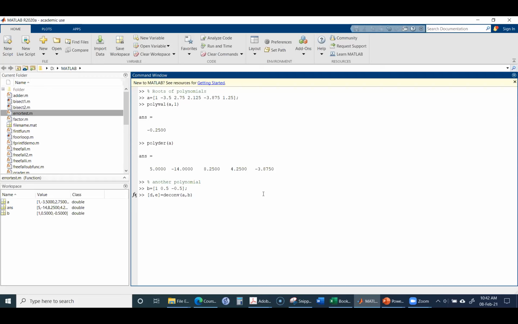In this case, incidentally, the remainder will be 0 because the second polynomial can fully divide that polynomial. The quotient is 1, minus 4, 5.25, minus 2.5, so the resulting polynomial will be x cubed minus 4x squared plus 5.25x minus 2.5.